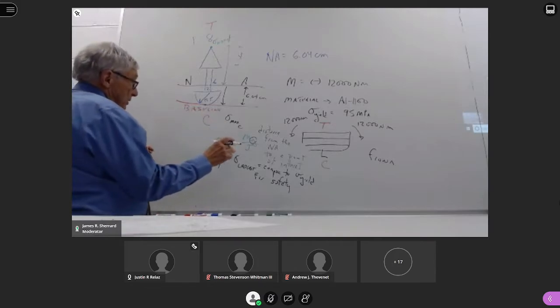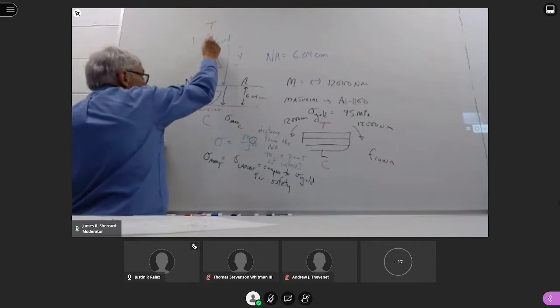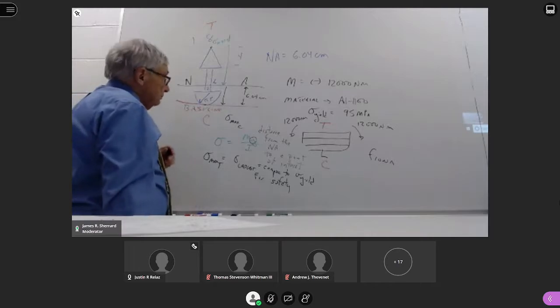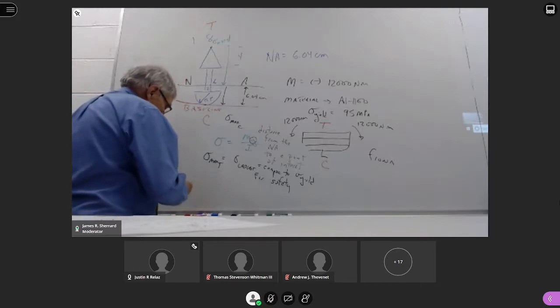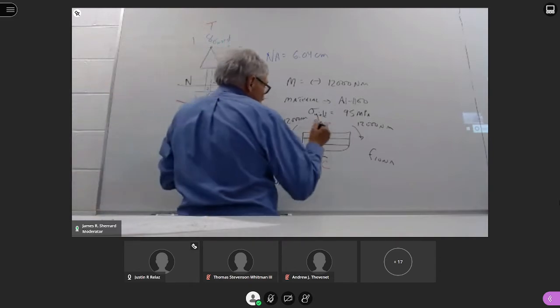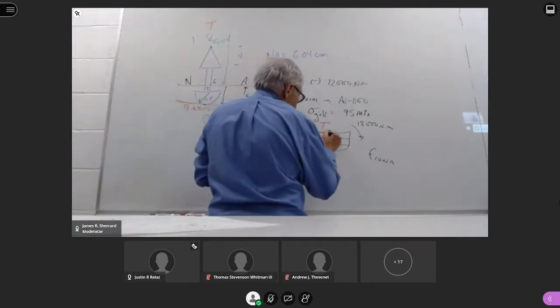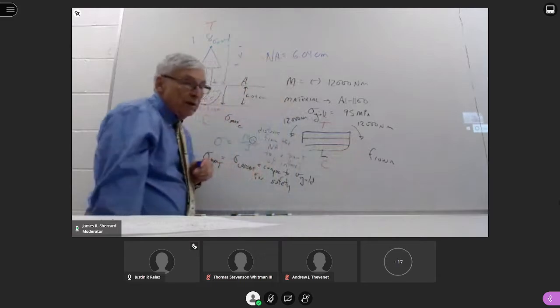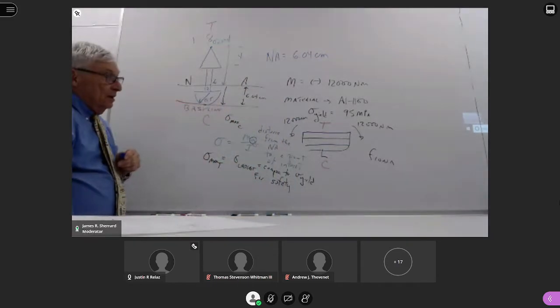Because if this system fails, the first place it's going to fail is right at the tip of the triangle, which in this view would be right here. In this view, you would be along that top line.